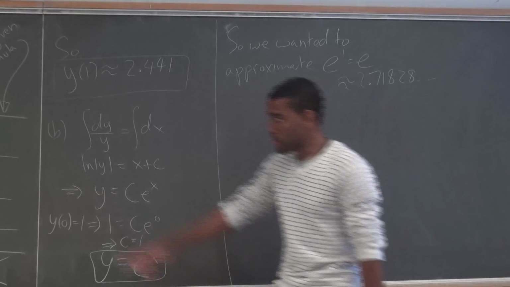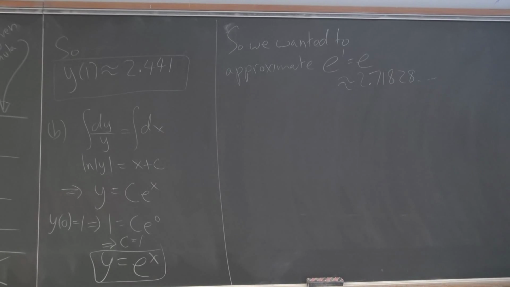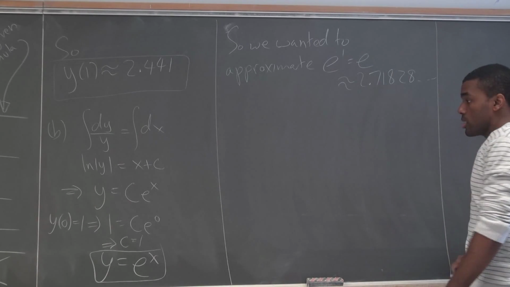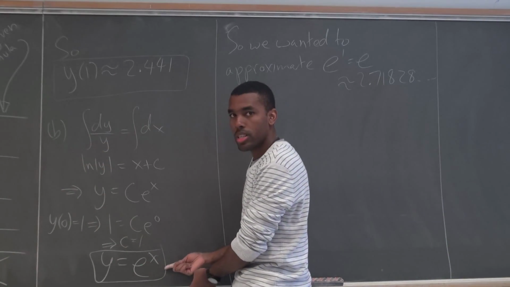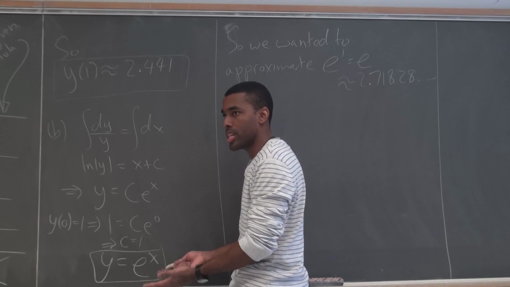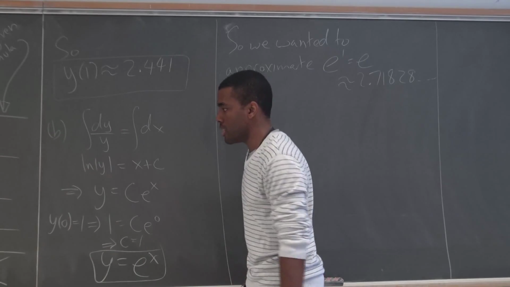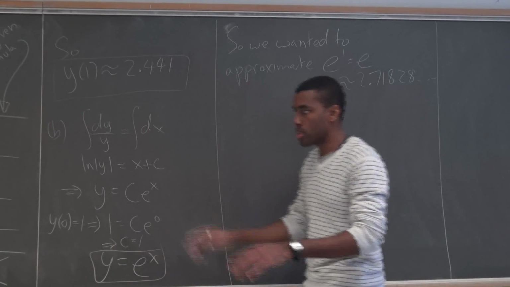If I use smaller step sizes, I would get even closer to this, which if you're interested enough, you can try yourself. But basically, that's the idea. By using this method, I won't know exactly what the function is, but sometimes I don't care what the function is. I just want to know what value it will be at this point in the future. And this approximation with 4 steps tells me that will be the value, approximately.